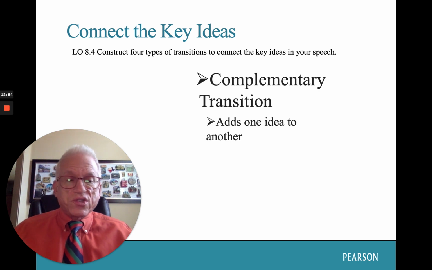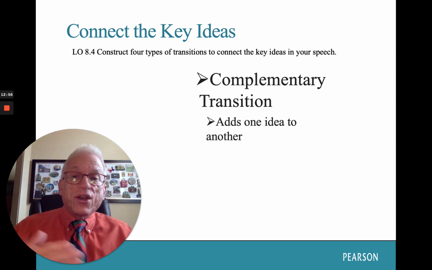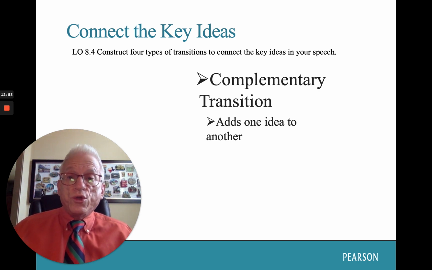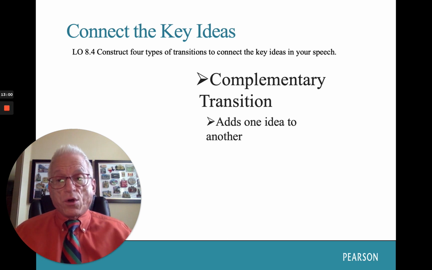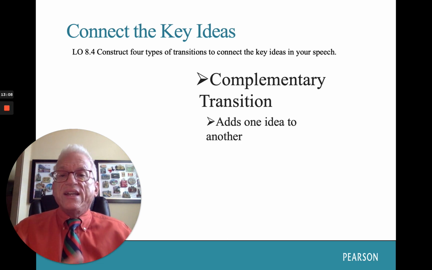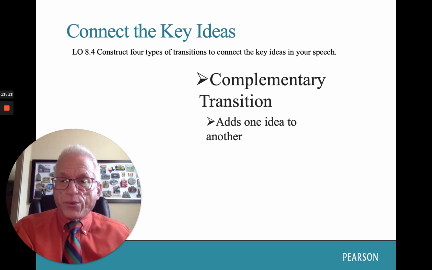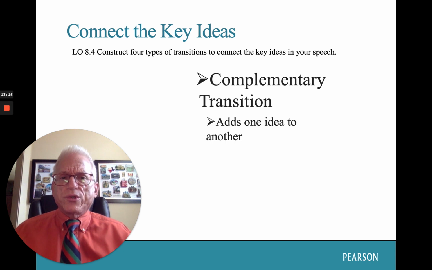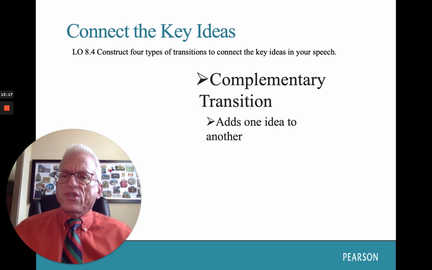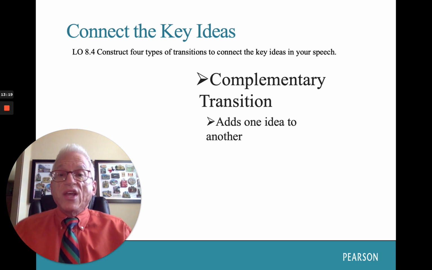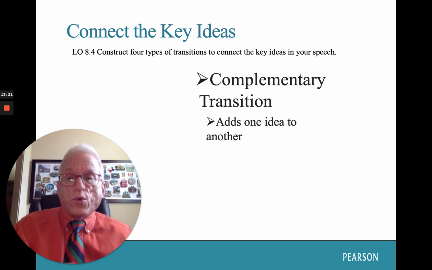So you could say something like, not only is it important for you to exercise to keep your heart healthy, but it's also important for you to eat a healthy diet. So you're adding one idea to another. Or in addition to this particular idea, let's talk about this. So the complementary transition adds another, and you're going to use language like: not only does this, in addition, this is another way that we can look at this.